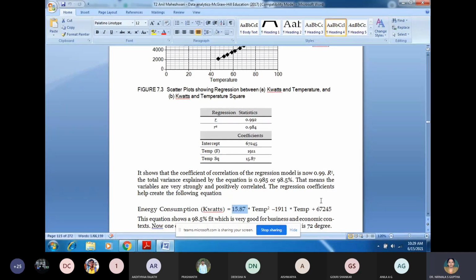For every data row we need to compute this, plus 67245, which is the intercept value obtained by the model.